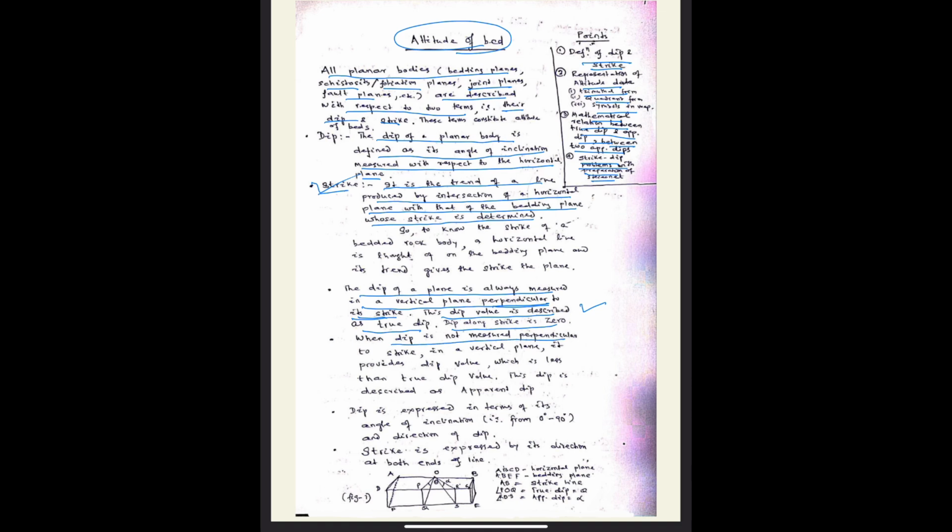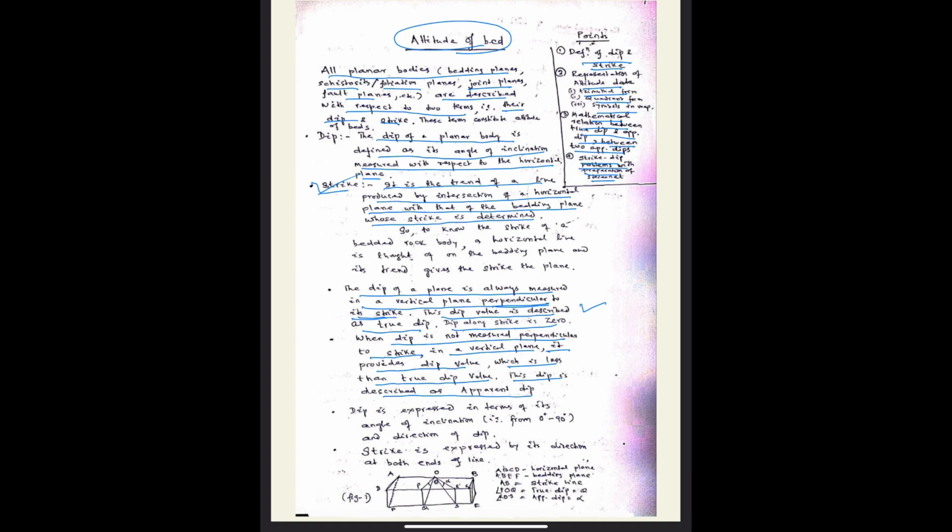When dip is not measured in a plane perpendicular to strike in a vertical plane, it provides a dip value which is less than the true dip value. So this dip is described as apparent dip. So true dip value for a bed is always the maximum value, and apparent dips, they all have a value less than the true dip.